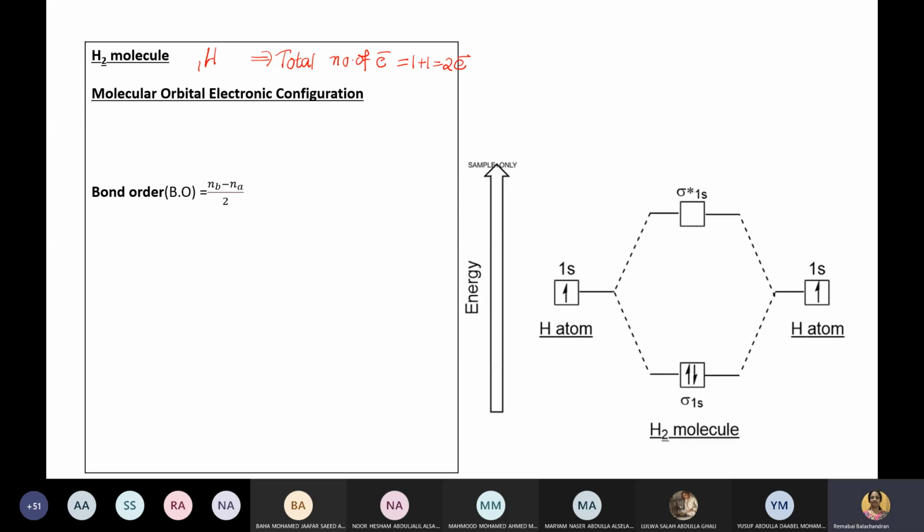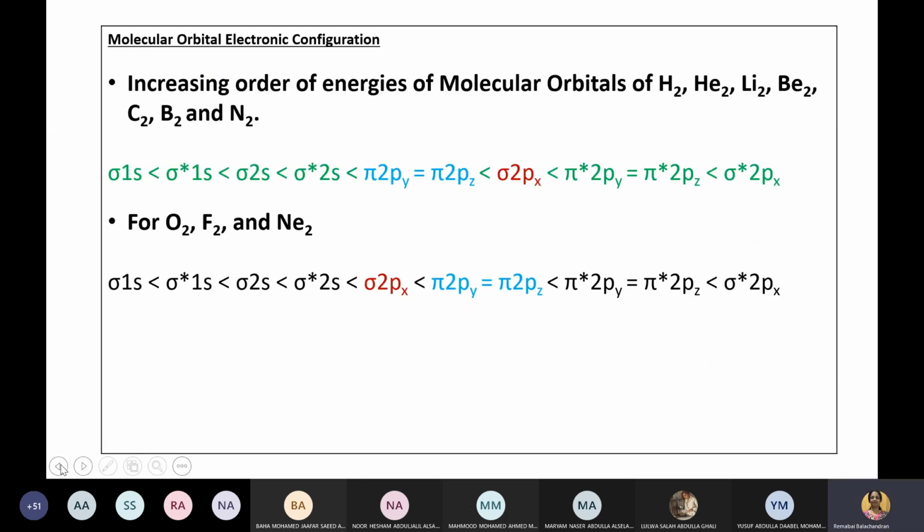Sigma 1s2. And if there are 4 electrons, it will be sigma 1s2, sigma star 1s2.